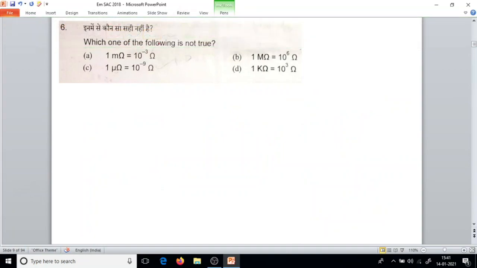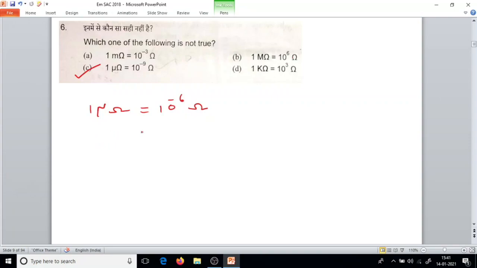Which one of the following is not true? 1 milli ohm equal to 10 to the power 3 ohm. This is not correct, this is the answer. 1 micro ohm is equal to 10 to the power minus 6 ohm. 1 mega equals 10 to the power 6.